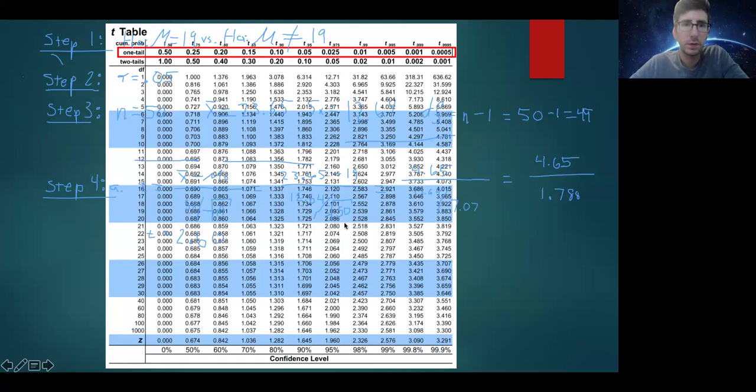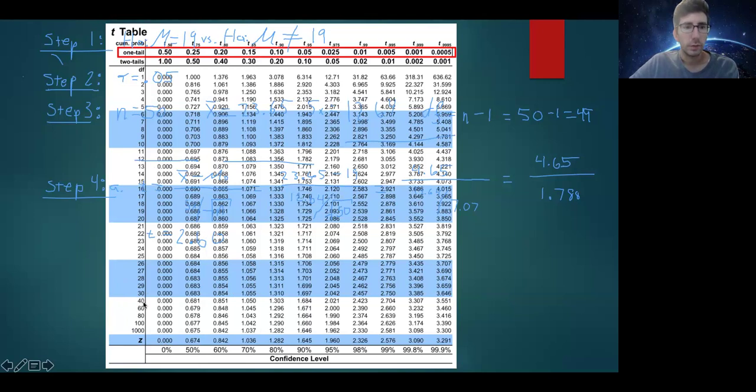The t-table has t-values on the inside of our table, and it's got the areas under the curve up here in the upper and lower margins, and then we have our degrees of freedom out here to the left. Whereas our z-table had areas under the curve on the inside of our table, and z-values were on the margins. So we have a t-value, and we want to try to find the area under the curve of this t-value for the specific t distribution with 49 degrees of freedom.